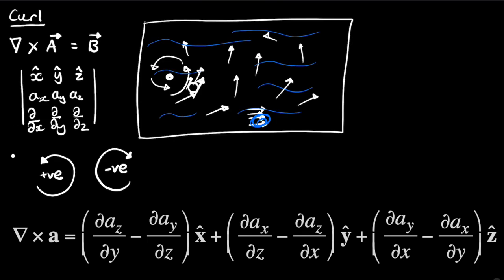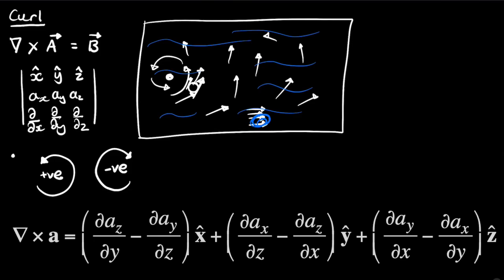As you can see with the case of the divergence, we were differentiating things only with respect to their common components, so we were doing dAx by dx and dAy by dy. But with these examples, we're measuring all of what are called cross derivatives, which aren't with respect to their own components.